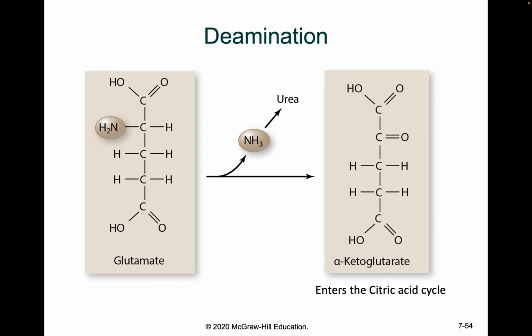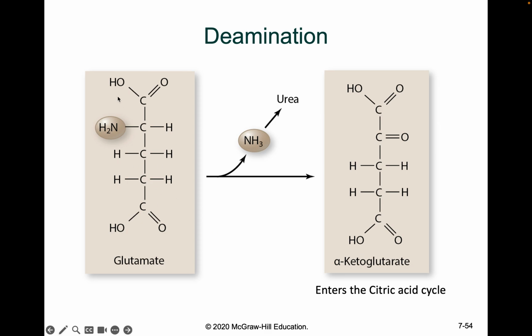There's a reaction called deamination, in which you remove the nitrogen group. We know that proteins have amino acids, and amino acids have this amino group with this NH2. If you remove it, you can create certain products from the citric acid cycle or glycolysis.